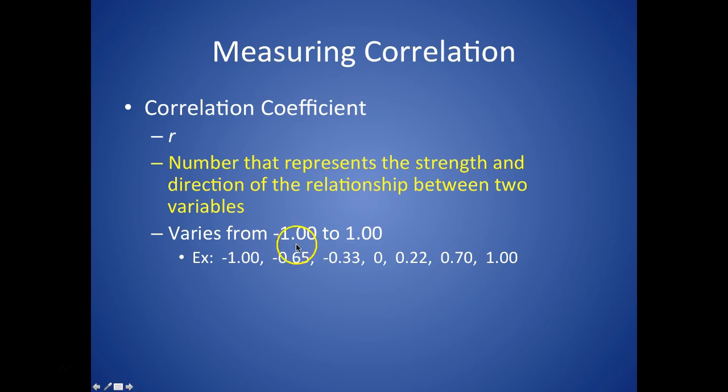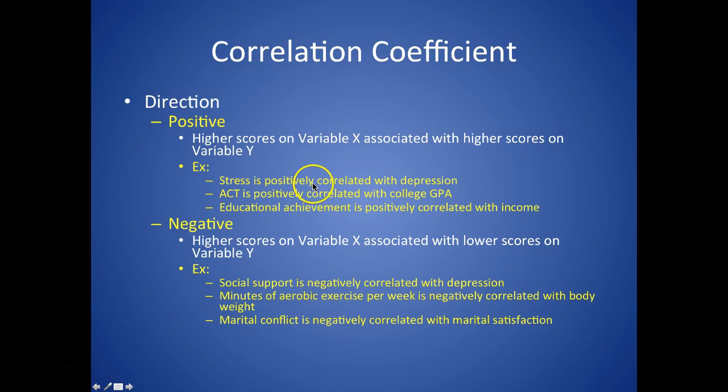So here are some examples at the bottom of correlation coefficients after you do the numerical procedures and calculate a correlation coefficient. As I just mentioned, you can have a positive correlation, and you can read this for yourself.